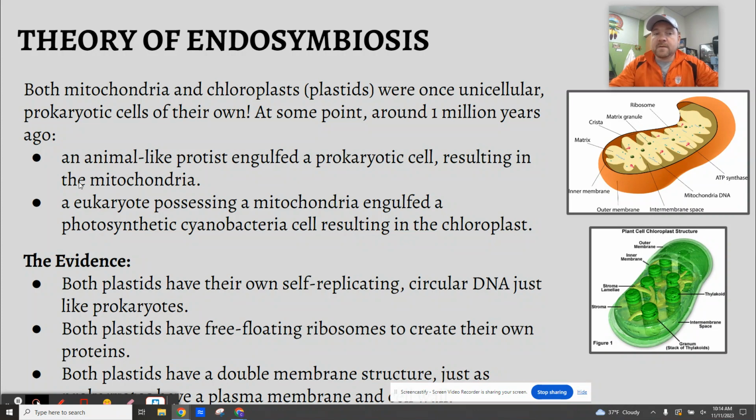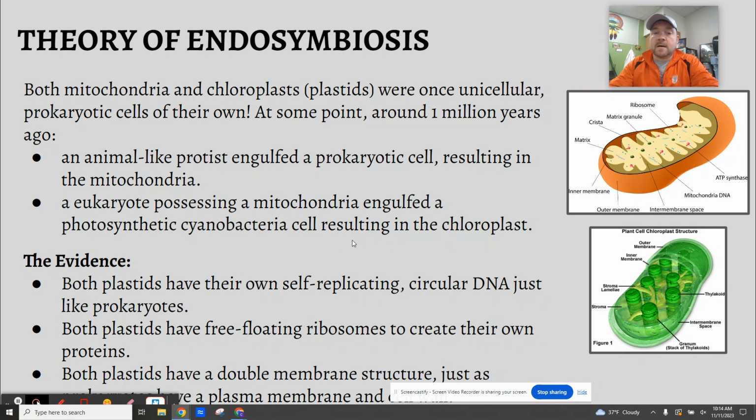So once we have the mitochondria forming, then one of those cells likely engulfed a photosynthetic thing called cyanobacteria. So it is a critter that can do photosynthesis. And the result was the chloroplast.